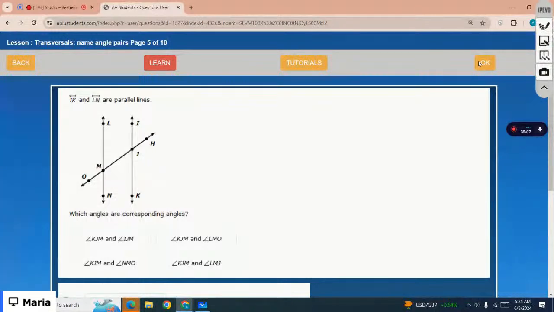IK and LN are parallel lines. Which angles are corresponding angles?